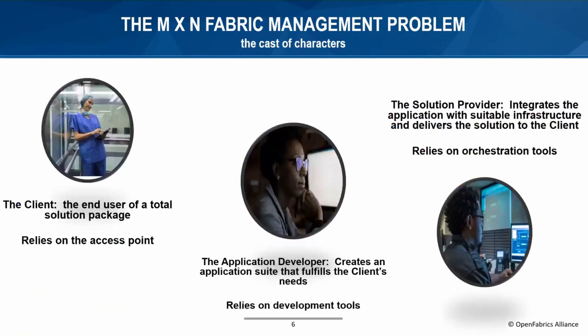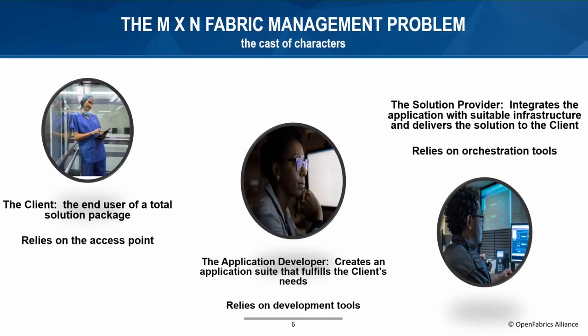So let's take a look at the current state of affairs. Here we'll introduce the actors or players involved in delivering a solution to a client. First, the client on the left is the end user of a total solution. The client relies on the application delivered to their access point. The application developer creates the software suite, which the client uses, and the developer relies on a different set of applications known as development tools.